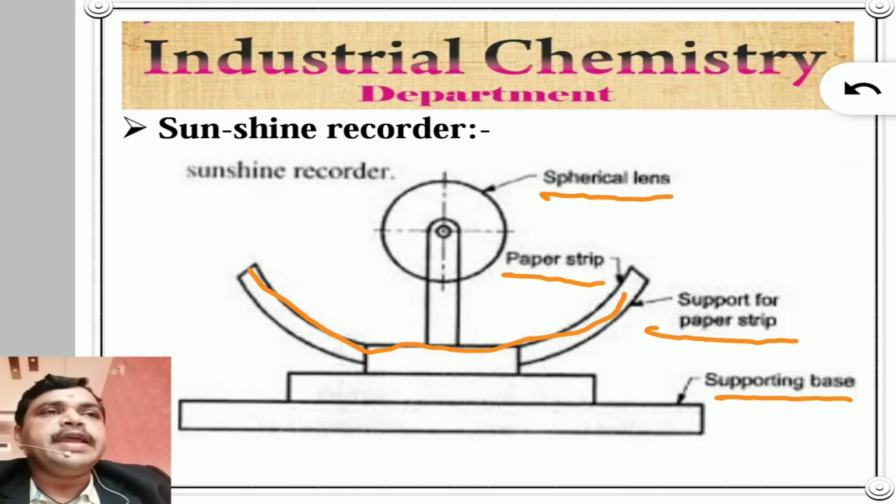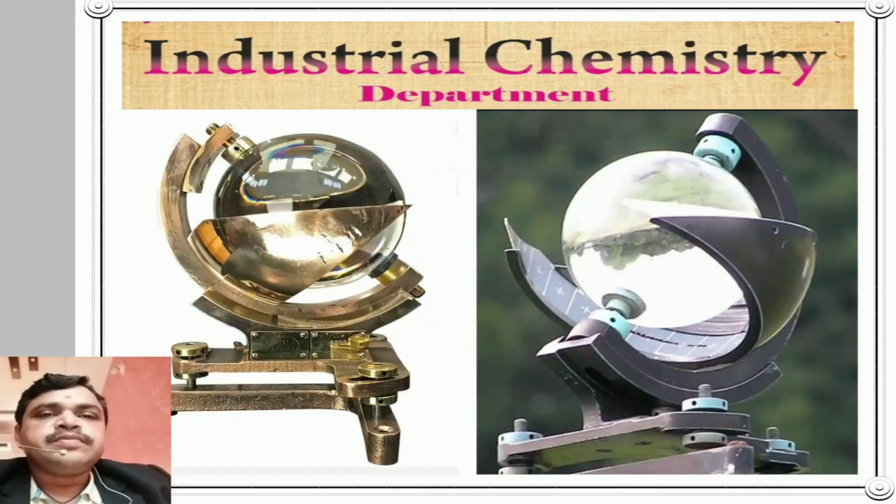Throughout the day, as the sun moves across the sky, the image moves along the strip, thus a burnt trace whose length is proportional to the duration of sunshine is obtained on the strip.